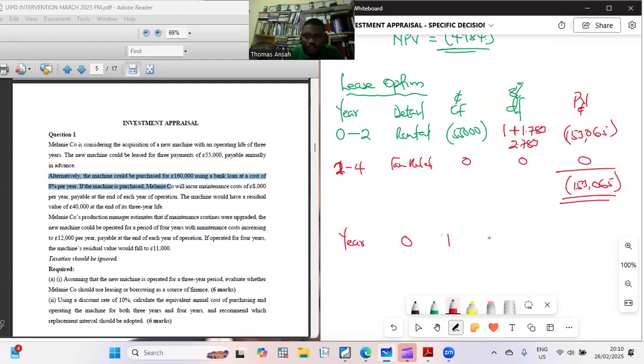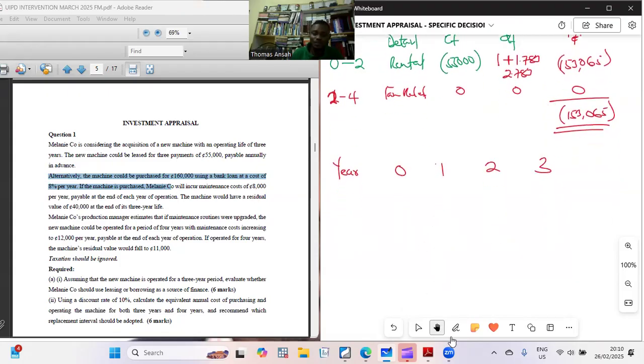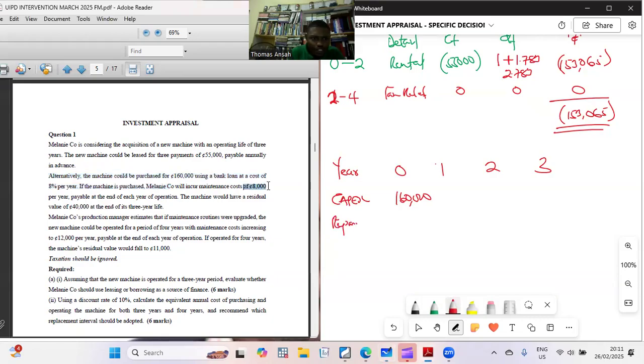How many years? 1, 2, 3. There will not be a year 4 because there is no concept of tax. This makes it a little easier. So what is the capex? 160,000. But there are repairs, right? We need to make a repair of 8,000 per year, payable at the end of each year of operation.